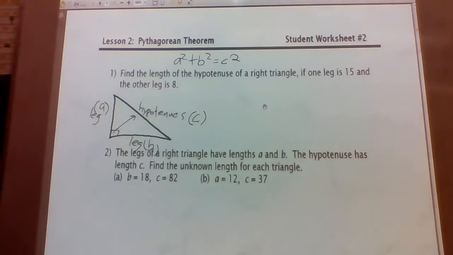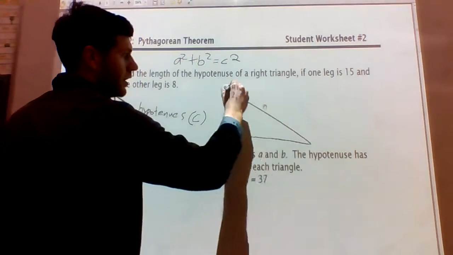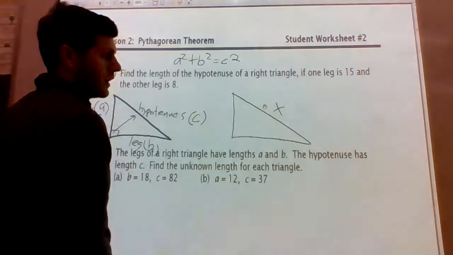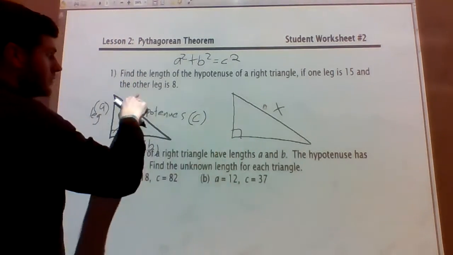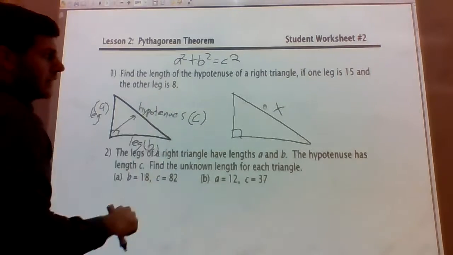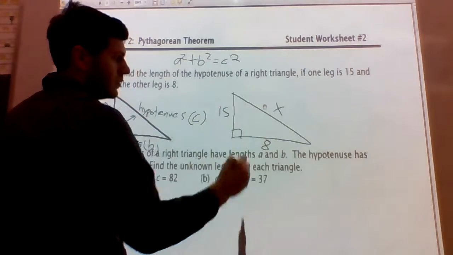Right? So find the length of the hypotenuse. So here we have a right triangle. We want to find the length of the hypotenuse, call it x. So here's our right angle. One of the legs is 15, the other leg is 8, so the legs are the ones adjacent to the right angle, so we have 8 and 15.